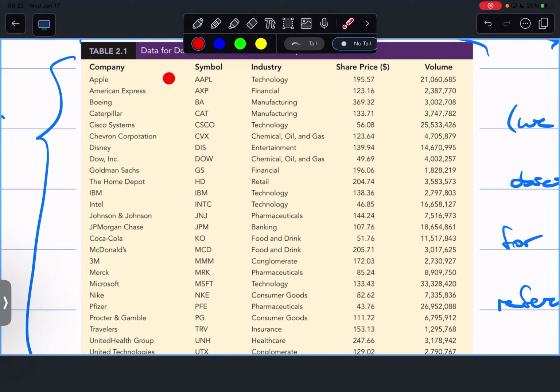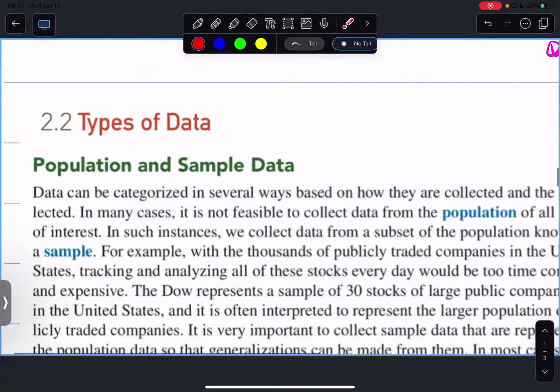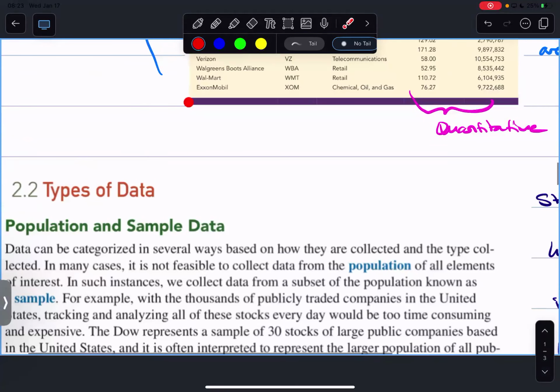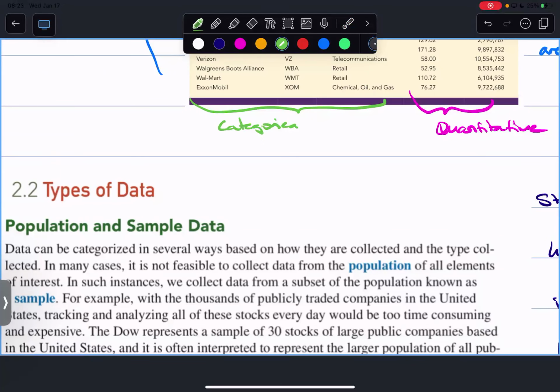They're not that interesting because each observation fits into one unique category and there's nothing really to summarize there. So it's not until we get to the industry where we have kind of repeating categories that it becomes interesting. But technically, these are categorical.